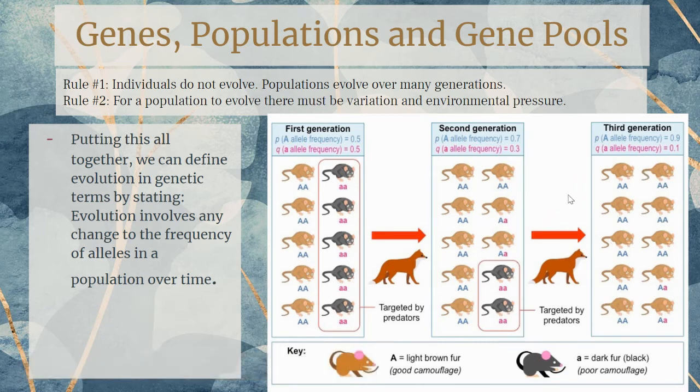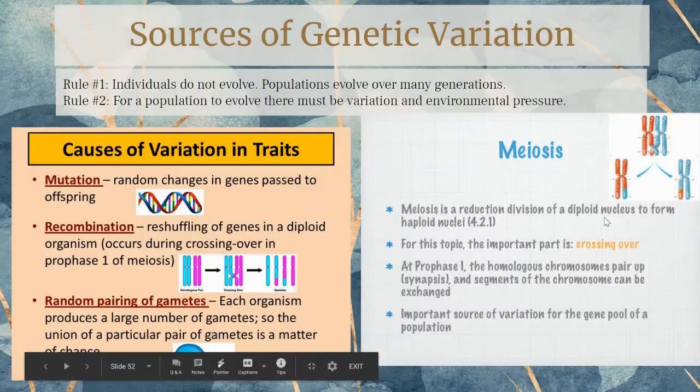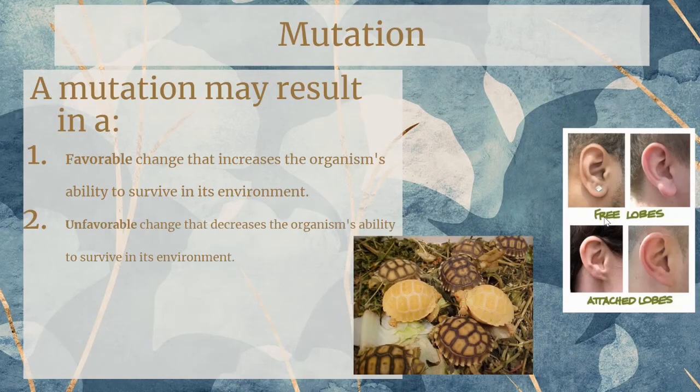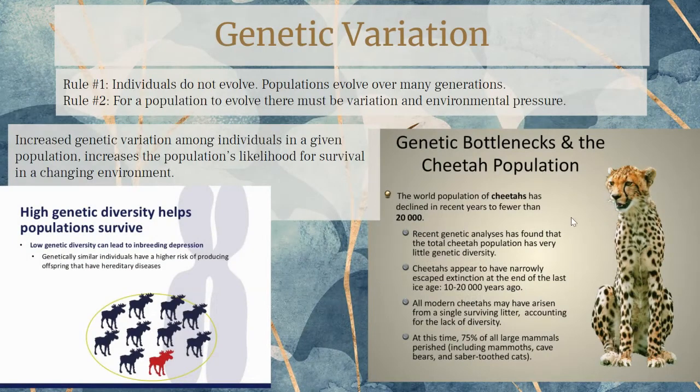If some other predator came along, let's say a bear, I don't know, an owl is something that actually eats mice. If an owl came along and was really good at picking off the brown mice, this population's in danger because it doesn't have any variation. So, genetically diverse populations stand a better chance of survival when that environmental pressure comes along.